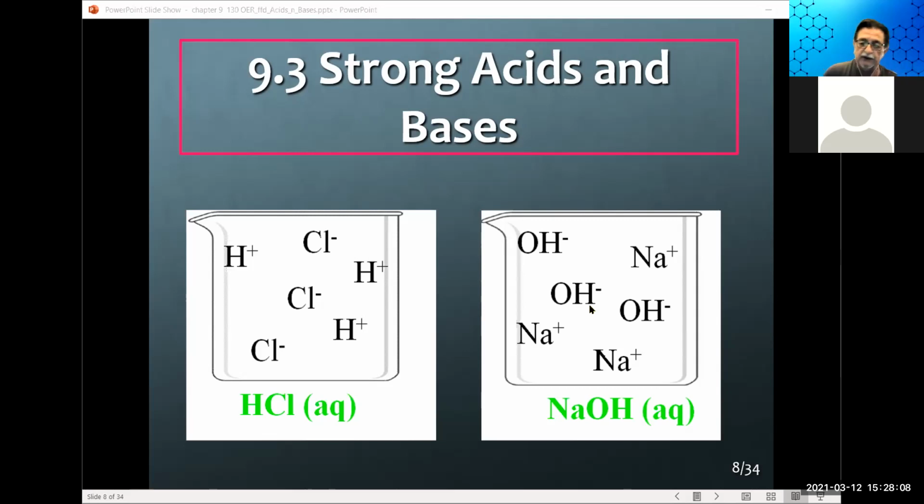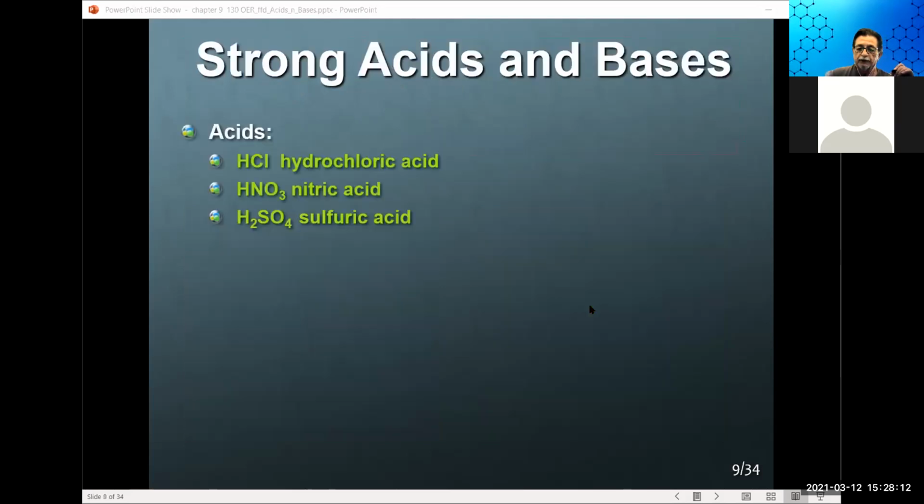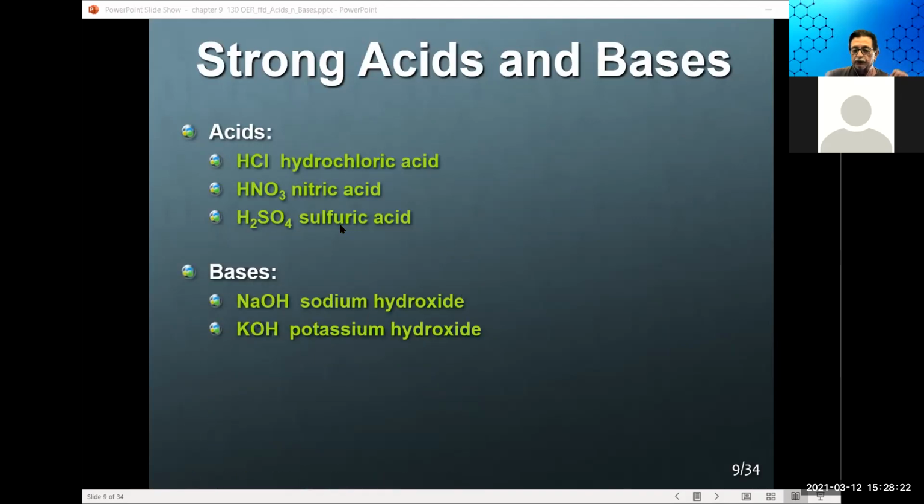Excuse me, strong base. I know it's a strong base because of the hydroxide. All right, so to summarize, the acids we got are HCl, hydrochloric acid, nitric acid, and sulfuric acid. 3 strong acids, and 2 strong bases would be sodium hydroxide and potassium hydroxide. Okay.